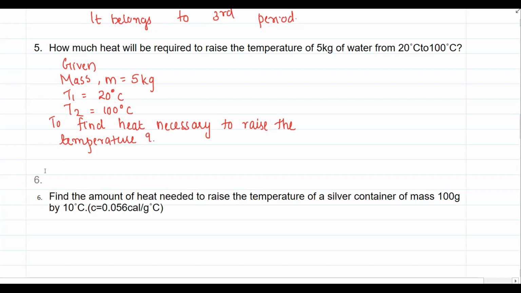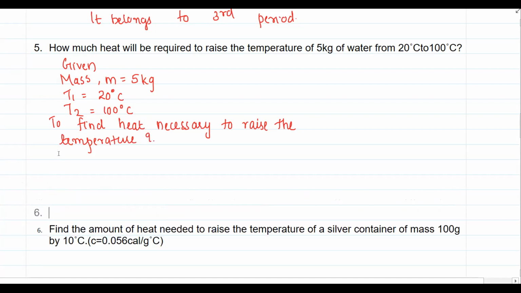Now, we know that the formula for heat energy is Q is equal to mc delta T, where C is the specific heat.